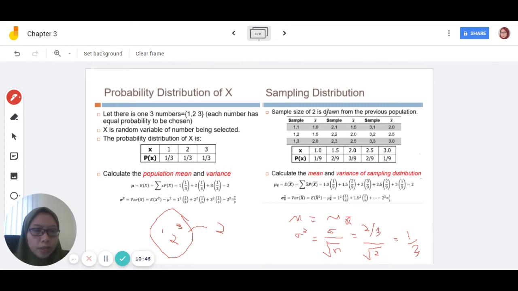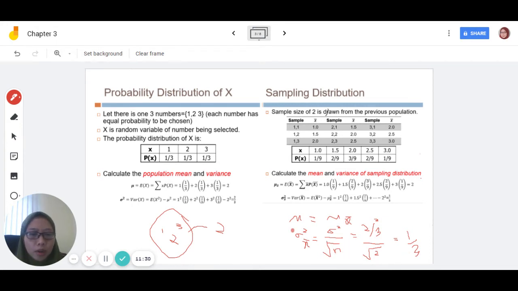So we can prove that the variance of the sampling distribution is equivalent to the variance of the population divided by the sample size.